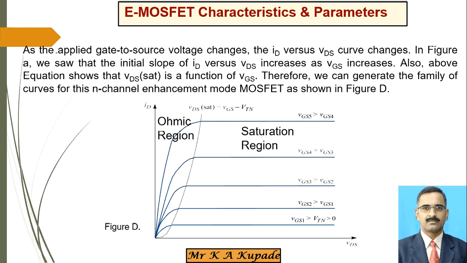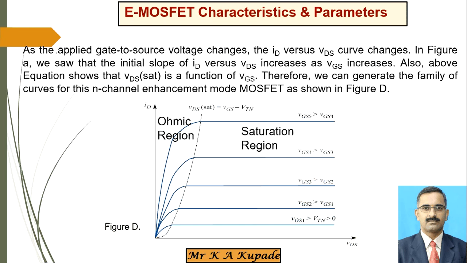Now the ID versus VDS curve also changes. Suppose initially the first voltage is VGS1, which is greater than that particular threshold voltage VTN, which is greater than 0 volt.